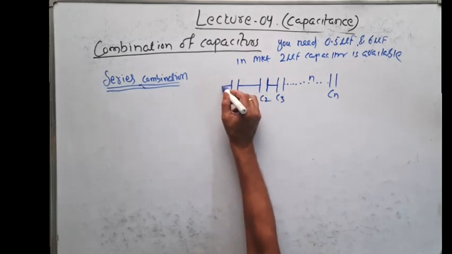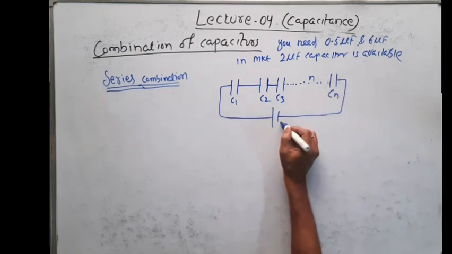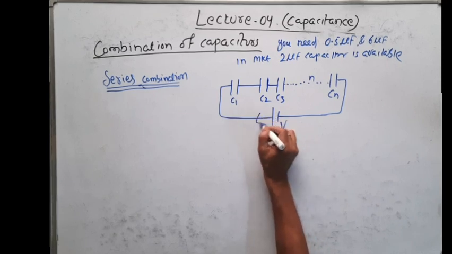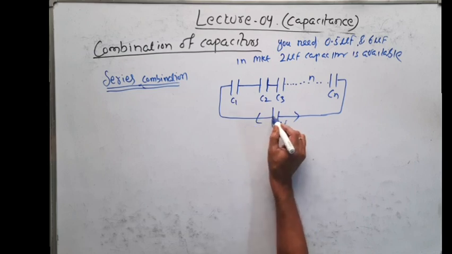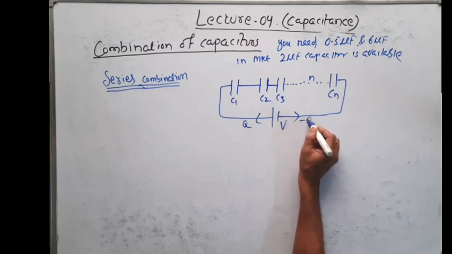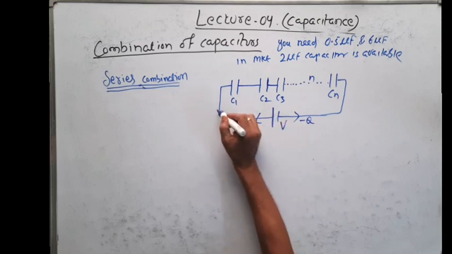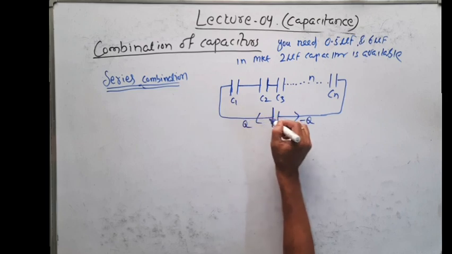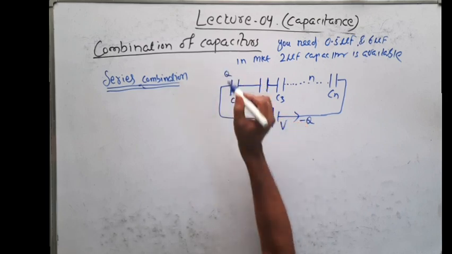In the series connection, if I give a supply voltage of V, what will happen? The charge will start flowing from the positive terminal and the negative terminal. Let us say the charge sent by the positive terminal is Q, and the charge sent by the negative terminal is minus Q. This positive terminal is directly connected to the first plate, so whatever Q is sent by the source will be deposited on the first plate.